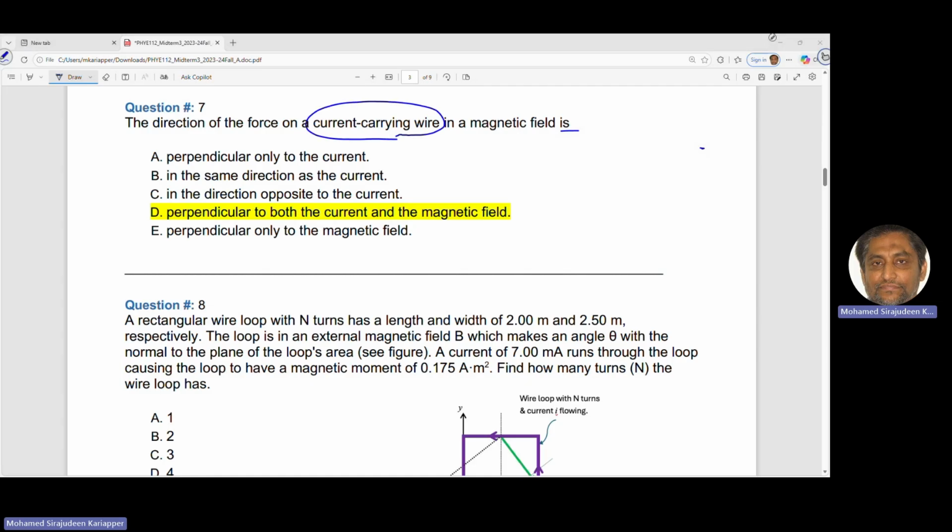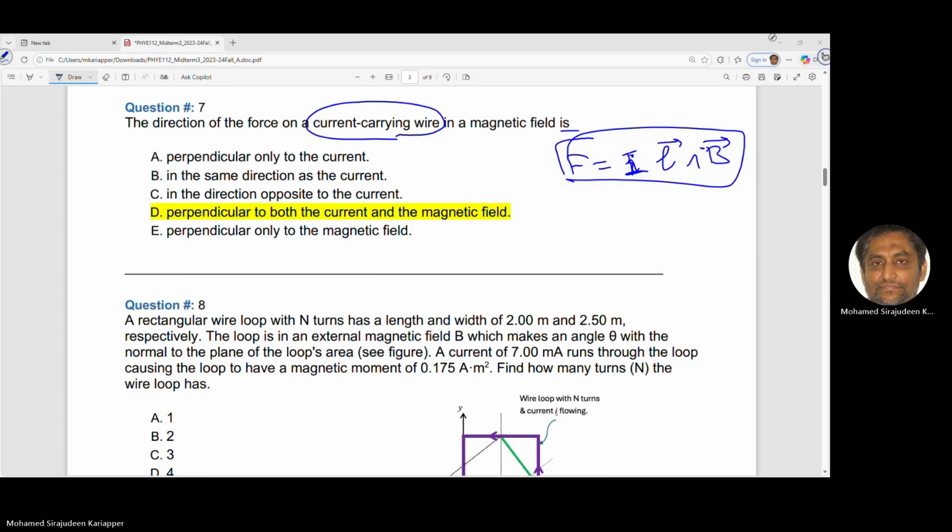So the equation is now different, because now you write it in terms of the length of the current carrying wire: F equals I L cross B, where L is the length and I is the current. This is the equation. So the magnetic force will be perpendicular to both L, which has a direction, the direction of the current, and the magnetic field.